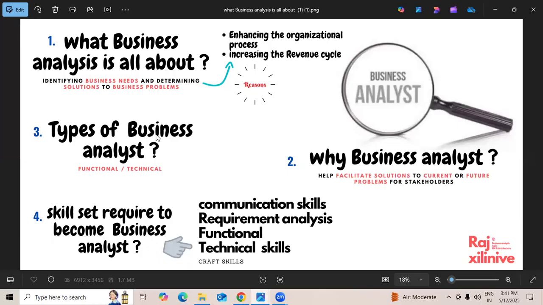Third, transitional requirements. Next, solution requirements. And regulatory requirements.